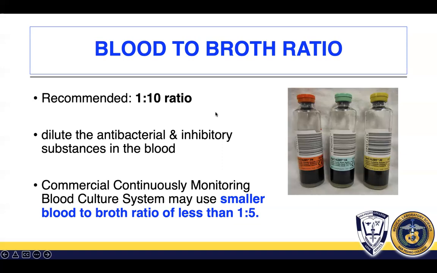However, there are commercial continuously monitoring blood culture systems that may use a blood to broth ratio of 1:5. That ratio also works, especially because it's a machine.